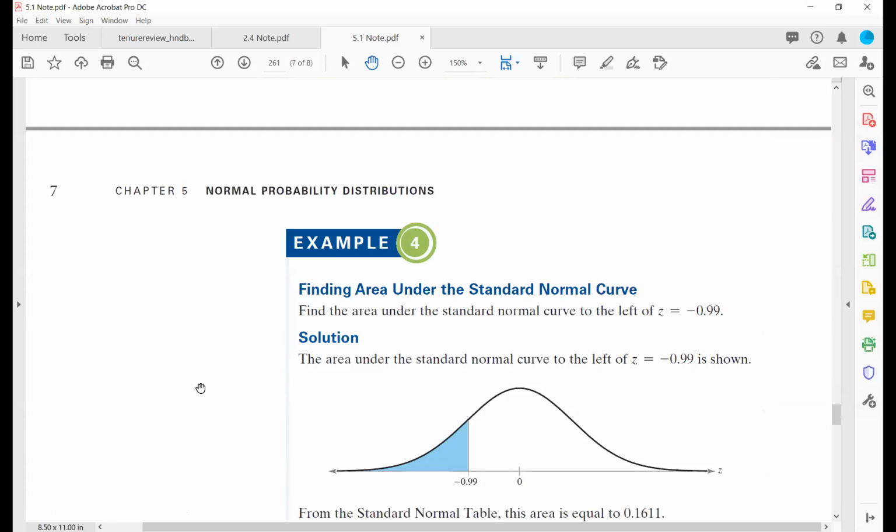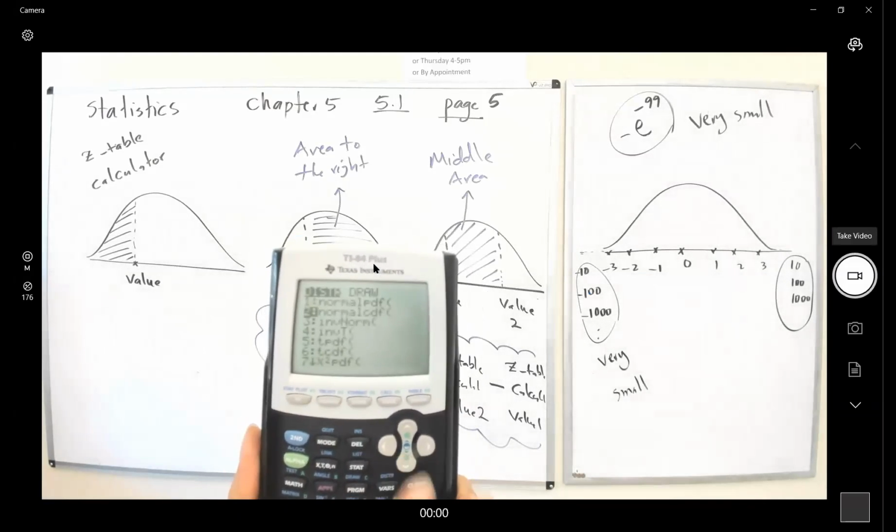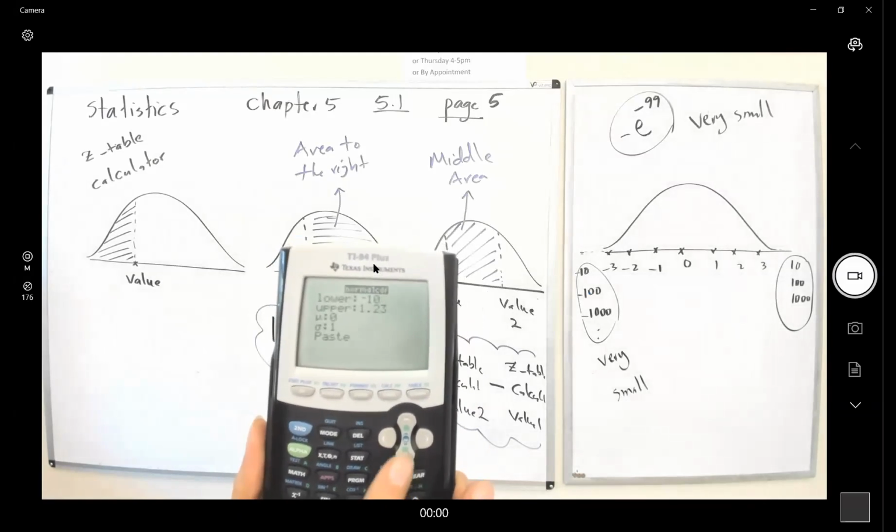Next question says, find the area under the standard normal curve to the left side of z equals negative 0.99. So your upper limit is given. Your lower limit can be negative 10, negative 100. So second VARS, normal CDF, negative 10.